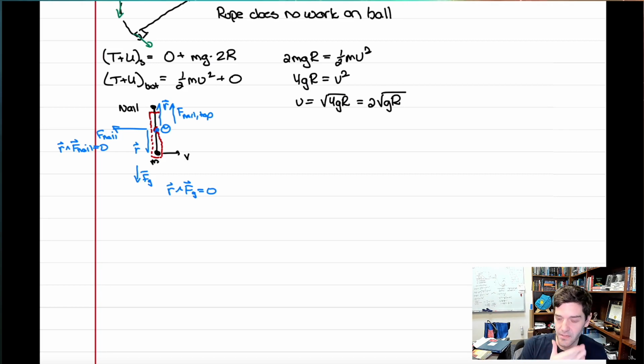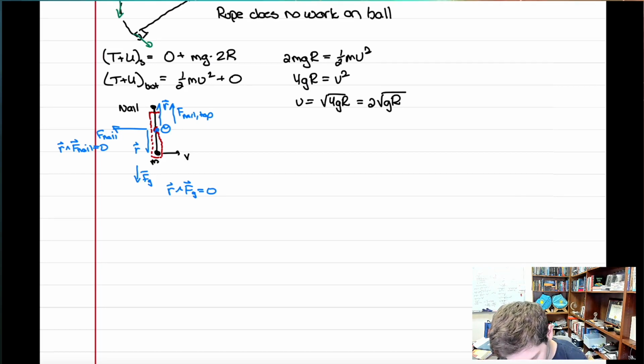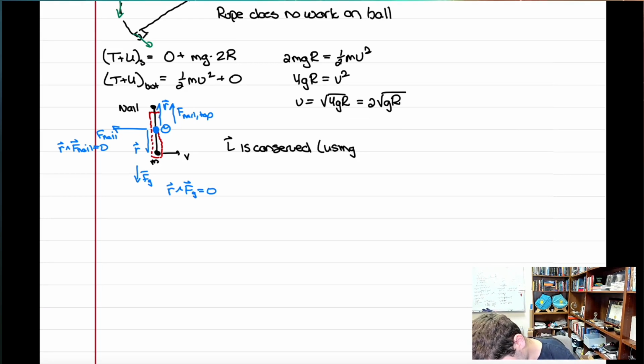I can apply angular momentum conservation with my origin being located here. So in this case, it looks like L is conserved, and again, using that as my origin, pre-post collision.